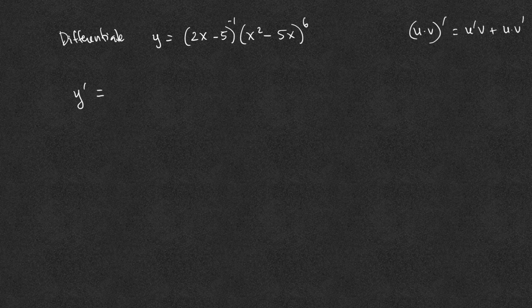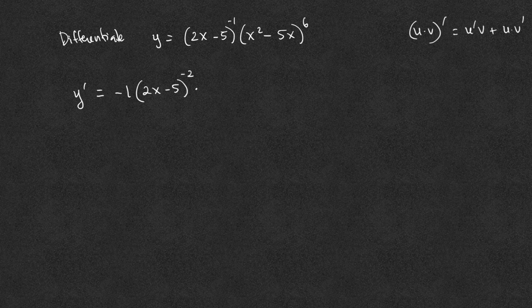And so first, we differentiate the first factor, which is negative 1 times 2x minus 5 raised to the negative 2. 1 less than negative 1 is negative 2, but we're not done with the derivative of the first factor. We will still need to multiply the derivative of the inner function, which is the derivative of 2x minus 5.